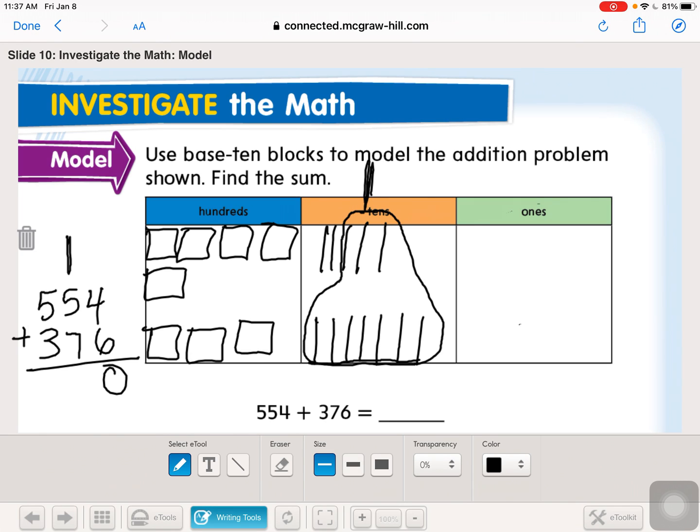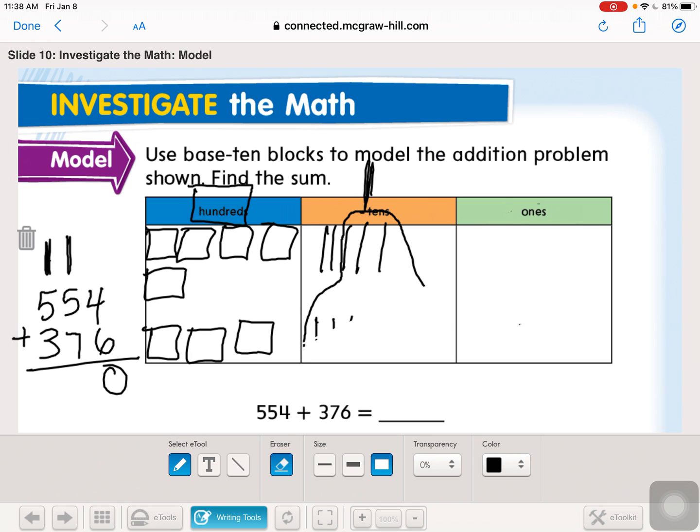And I can take those 10 tens, and I'm going to move them over here as 100 flat. So again, move it over as 100 in the equation as well.